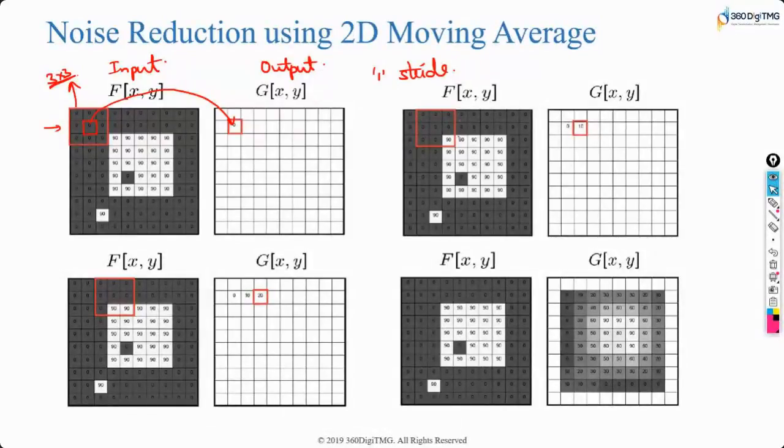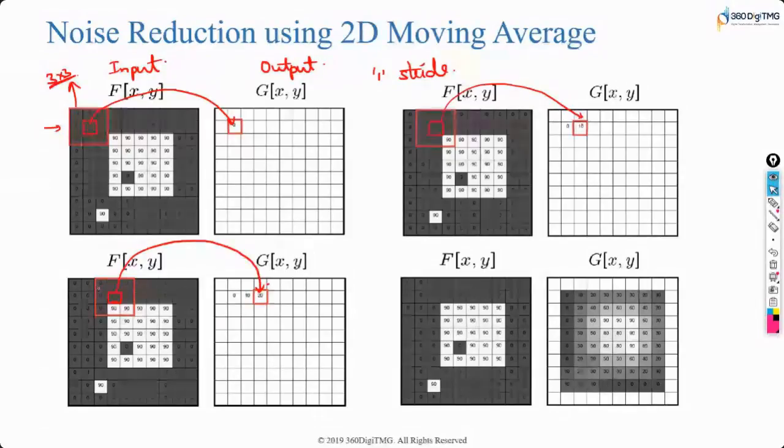When you take all these values and take the average of all those values, you get this central pixel. What is that turning out to be? 10. Then you move it by another stride. Then take all these values, take an average of that, and then you get the value of the central pixel, which is here.